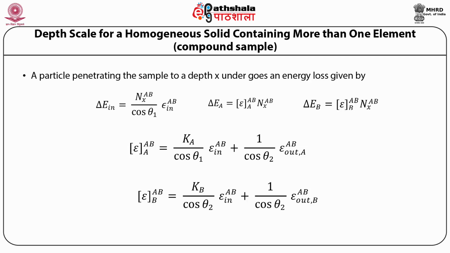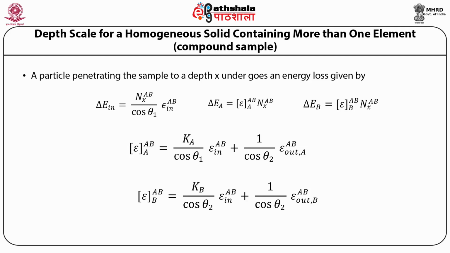A particle penetrating the sample to a depth x undergoes an energy loss given by delta E in, equal to N x superscript AB divided by cos theta 1 multiplied by epsilon in superscript AB, where N superscript AB is the number of molecules A(m)B(n) per unit volume.